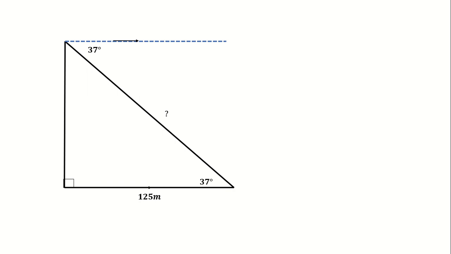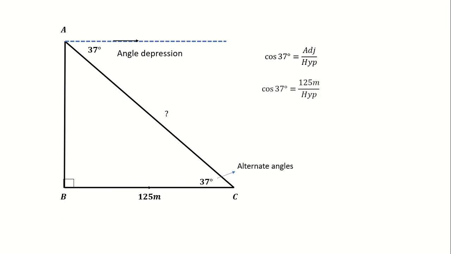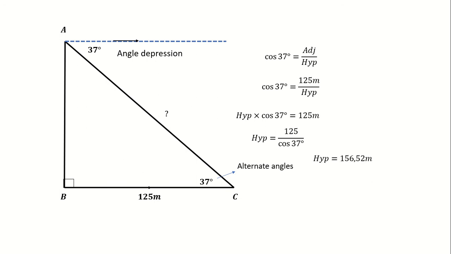That ratio is cos. So cos of 37 is equal to adjacent over hypotenuse. Manipulate the formula, and your hypotenuse will be 125 divided by cos of 37, which is 156,52 meters.